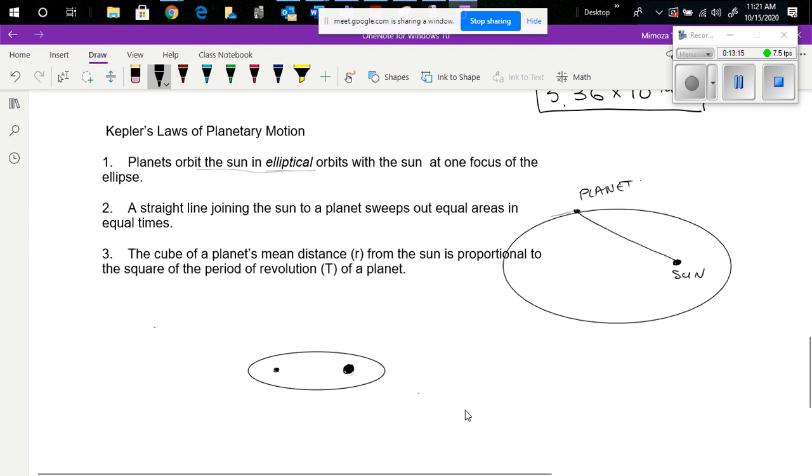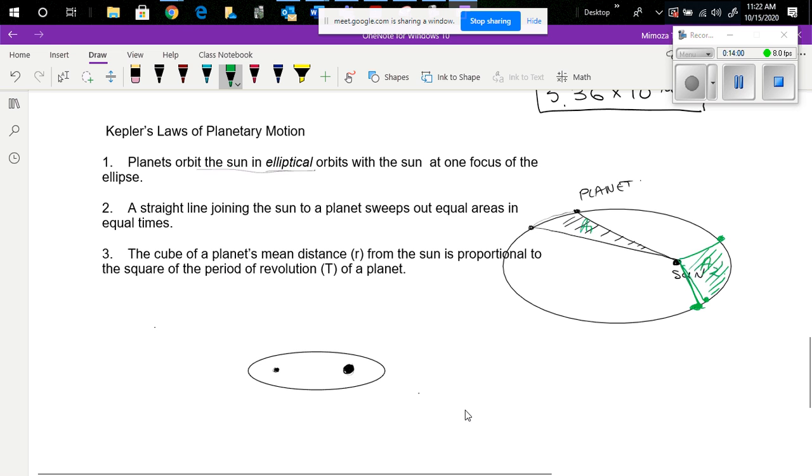So if the planet is traveling in its orbit for a given time, then this area here will be the same as if the planet travels for the same time from this point to this point, so this area here. This is known as the area law. So area 1 is equal to area 2.